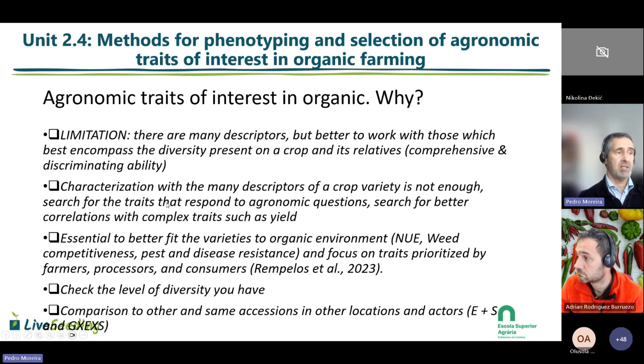Search for the traits that respond to agronomic questions, and for better correlations with complex traits such as yield, or also stress tolerance or others. It is essential to better fit the varieties to the organic environment, like nitrogen use efficiency, weed competitiveness, and pest and disease resistance, and to focus on traits prioritized by farmers, processors, and consumers because, at least in our cases, we are working with them. And check the level of diversity you have.